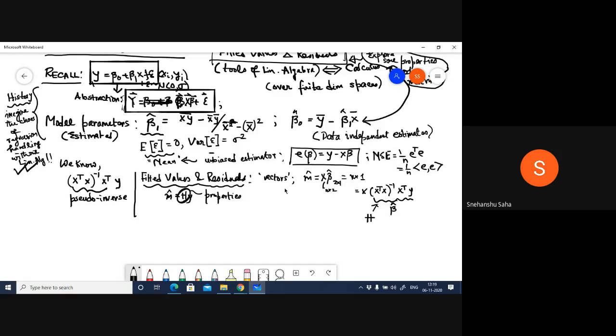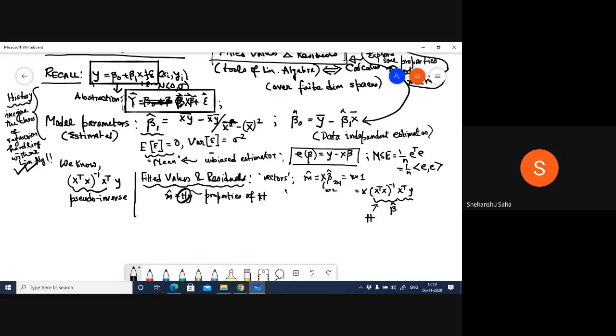The properties of H throw some very useful insights on how regression models and the corresponding abstraction in linear algebra can be interpreted in a geometrical sense. So the properties of the fitted values are largely determined by the properties of H.